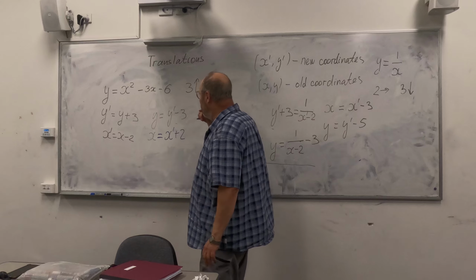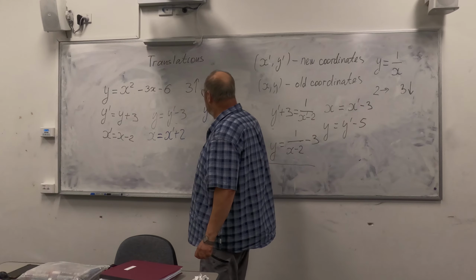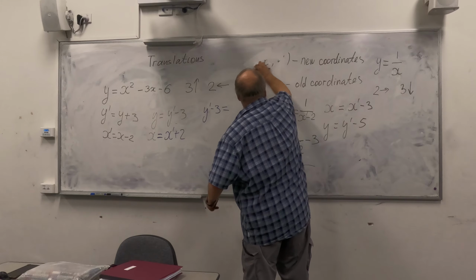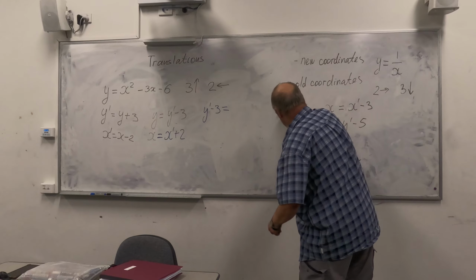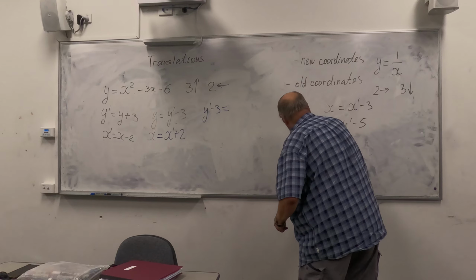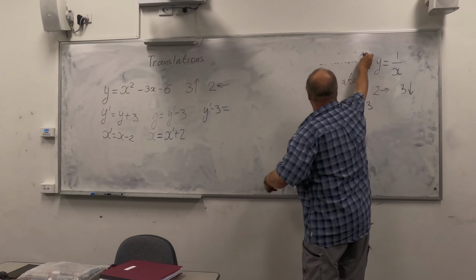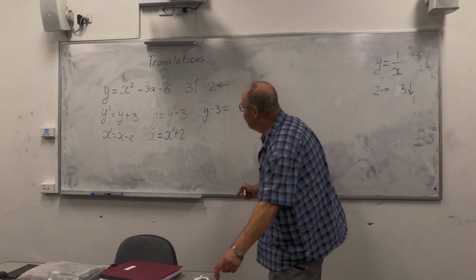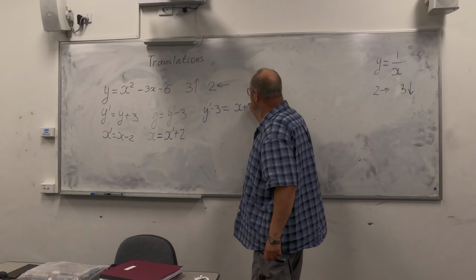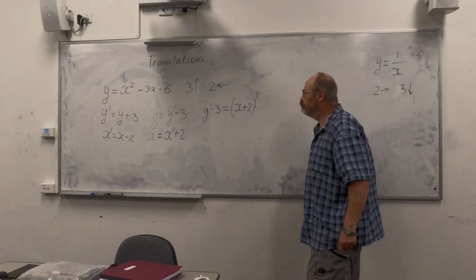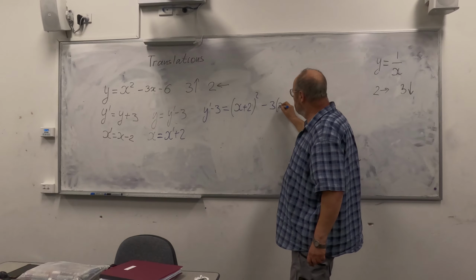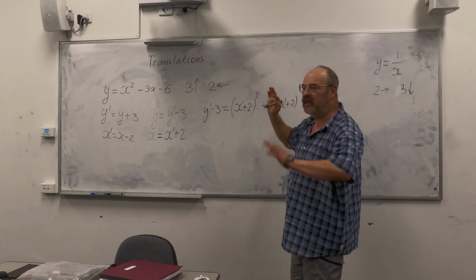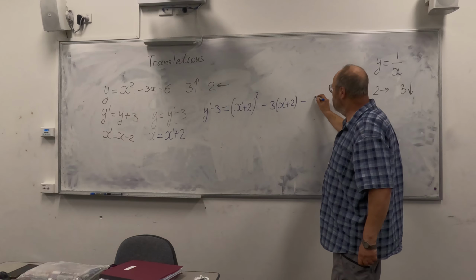So instead of y, we write y' - 3 = (x' + 2) squared minus 3 times (x' + 2), and minus 6. We'll drop the dashes.